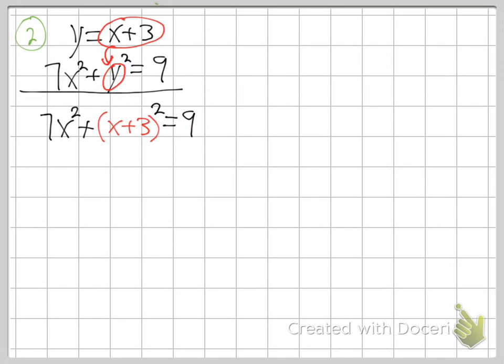And so then you've got to square that whole thing out, huh? And whenever you have a 2 on parentheses, you've got to write 2 of them, don't you?